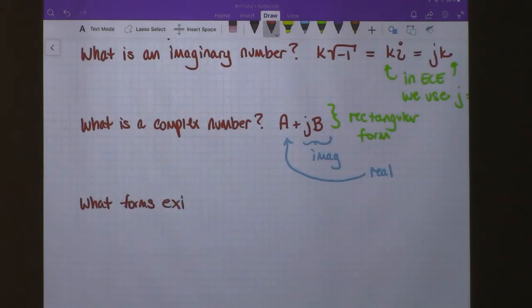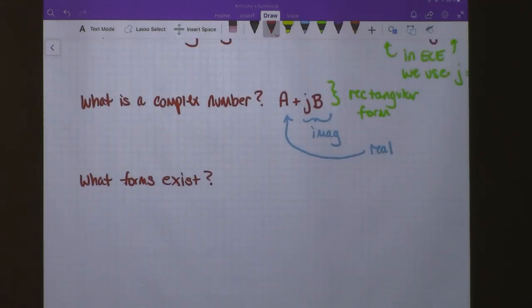So now that we're talking about forms, what forms exist? Right? We have, I already said, rectangular, and we have polar. So rectangular form is a plus jb, same thing as above.